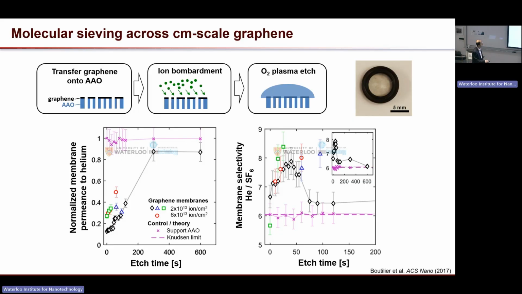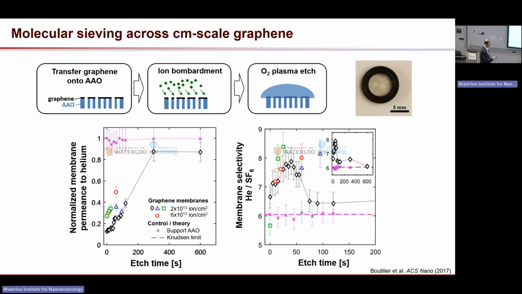But if we look at the ratio of these two gases, helium to sulfur hexafluoride, helium is about 3 angstroms, sulfur hexafluoride is about 5 to 6 angstroms. We can see that there is a selective transport that goes up and then it goes down. So as we make pores, we are making pores that are selectively allowing helium to pass through, and then they become non-selective as they grow bigger.